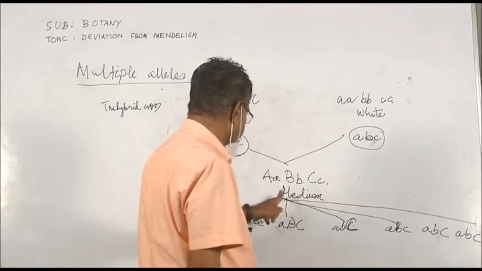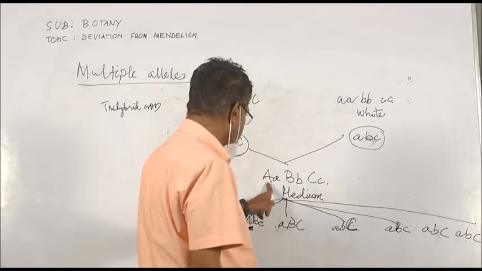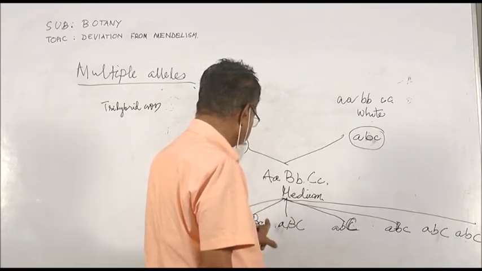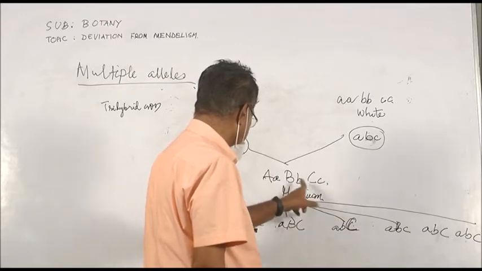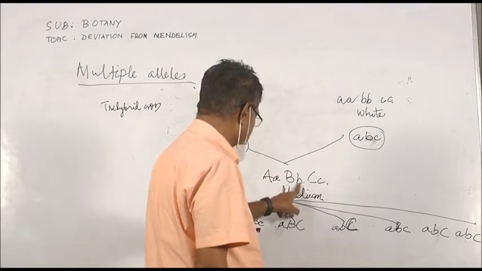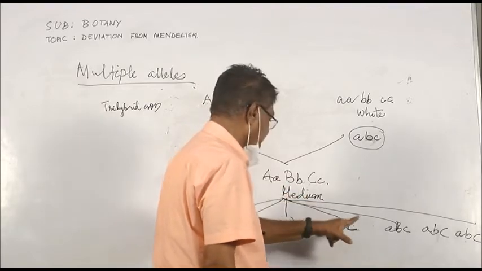A, B, C is 1, then capital A, capital B, small c, then capital A, small b, small c, that we have missed.